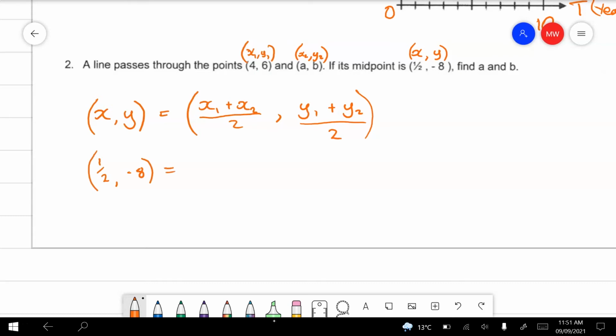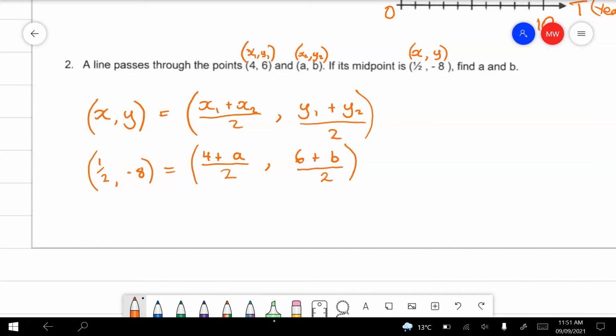And then I've got x1, which was 4 plus a. So I got that from here and here. Divide by 2. And for y, I've got 6 and b. So again, I got that from here and here. And that's all divided by 2.